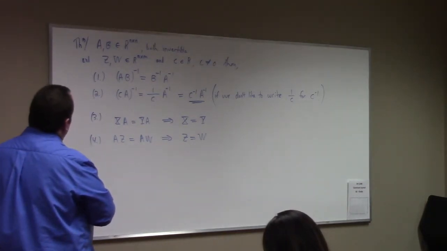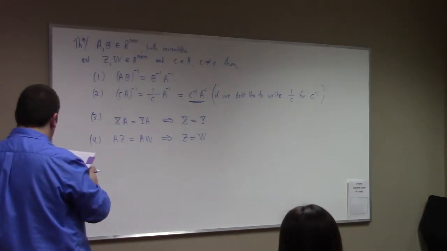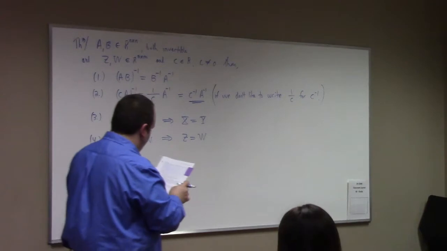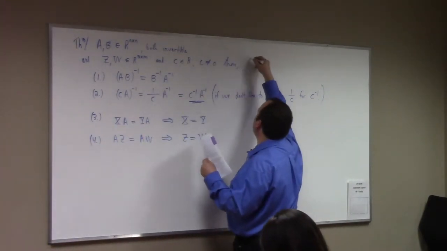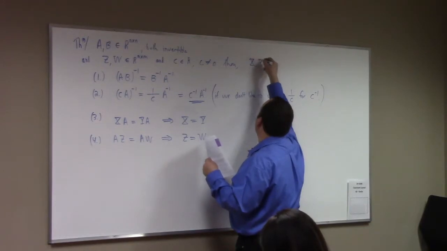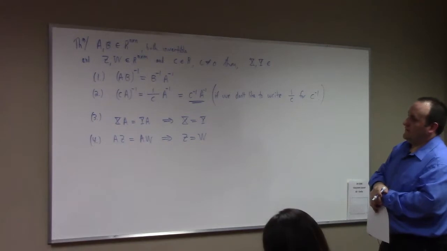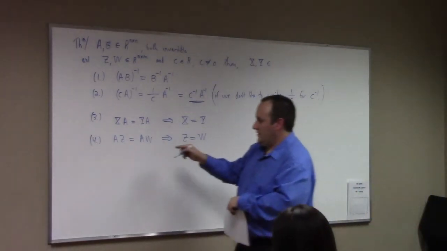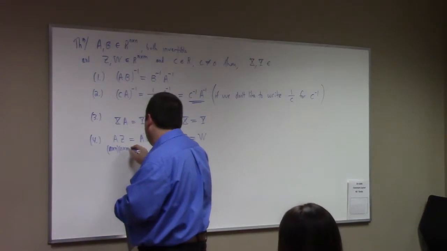Z and W are... Oh, I didn't say where X and Y were, did I? Oops. What about X and Y? Does Z and W make sense? You notice that this is n by n times n by m.